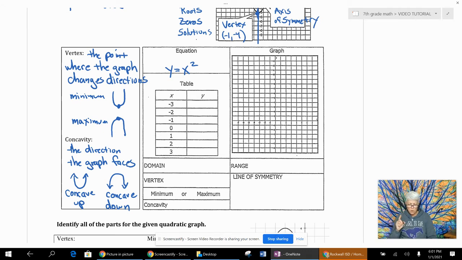So using the equation, if x is -3, -3 in parentheses squared is a +9. -2 squared would be a +4. -1 squared would be a +1. 0 squared is still 0. 1 squared, 2 squared, 3 squared, 9.